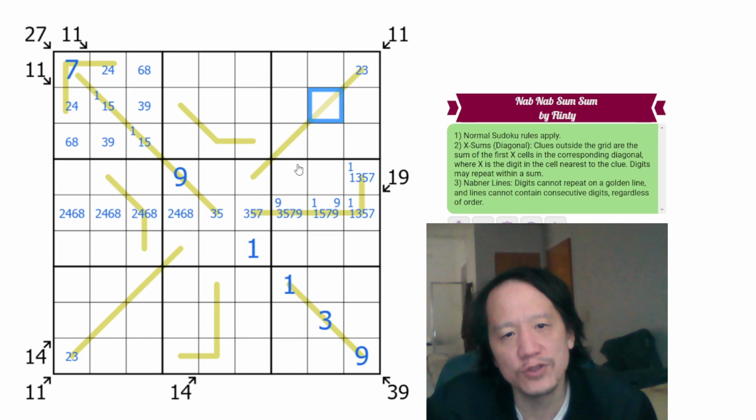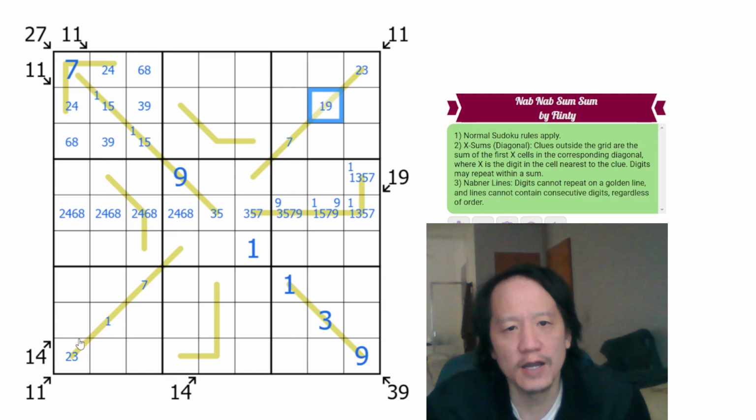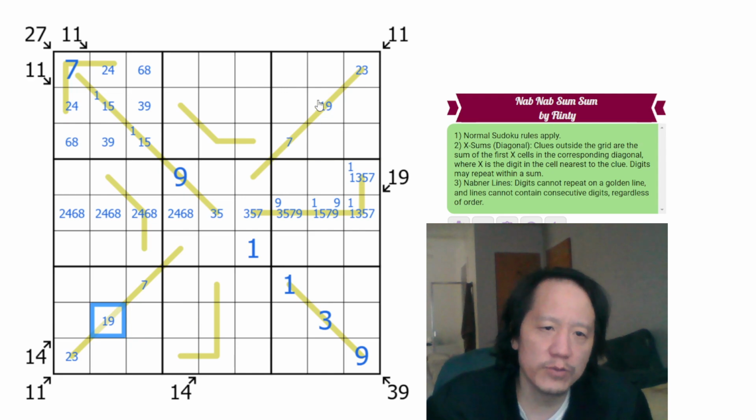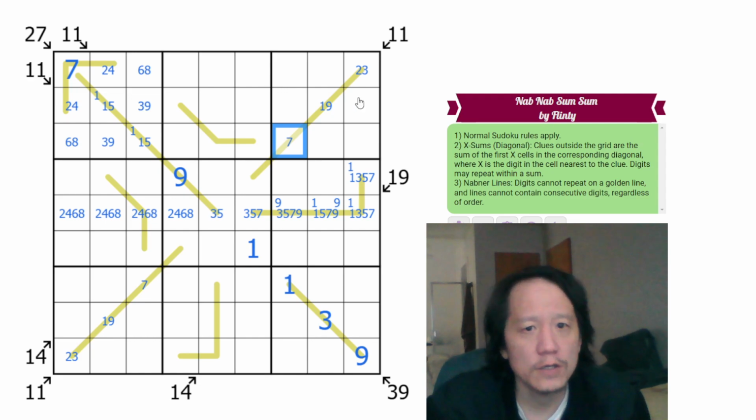So this would have to be 3, 1, 7, or this is 3, 1, 7. If it's 2, it has to be with 9. So if this is 2, this is 9. Or it could be a lot of other things. If this is 3, and this is 1, and this is 7, okay.